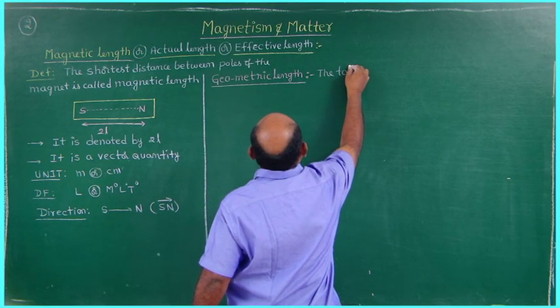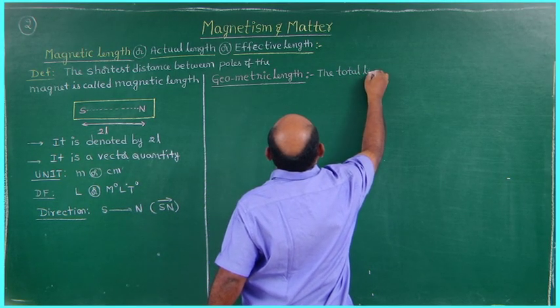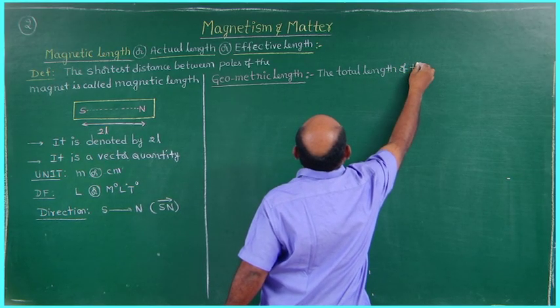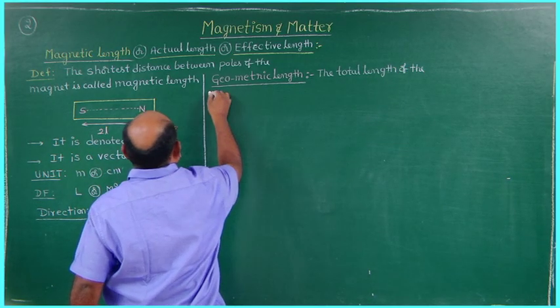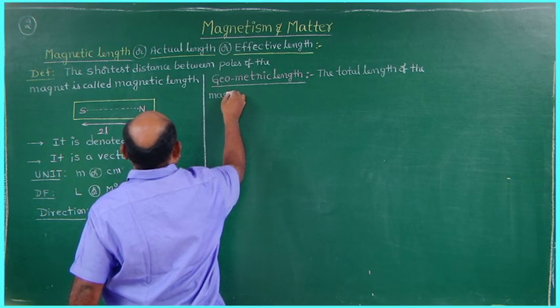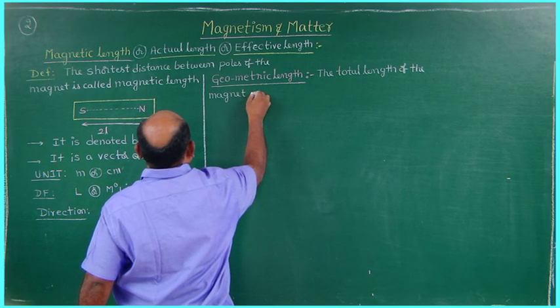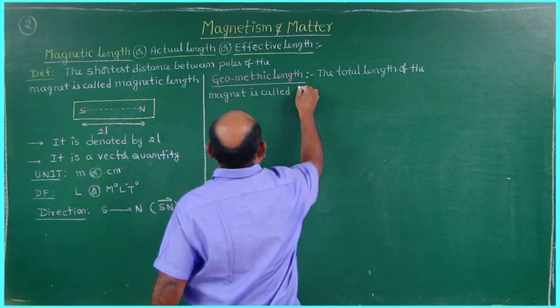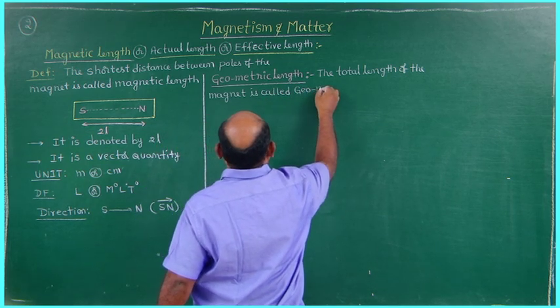The total length of the magnet is called geometric length.